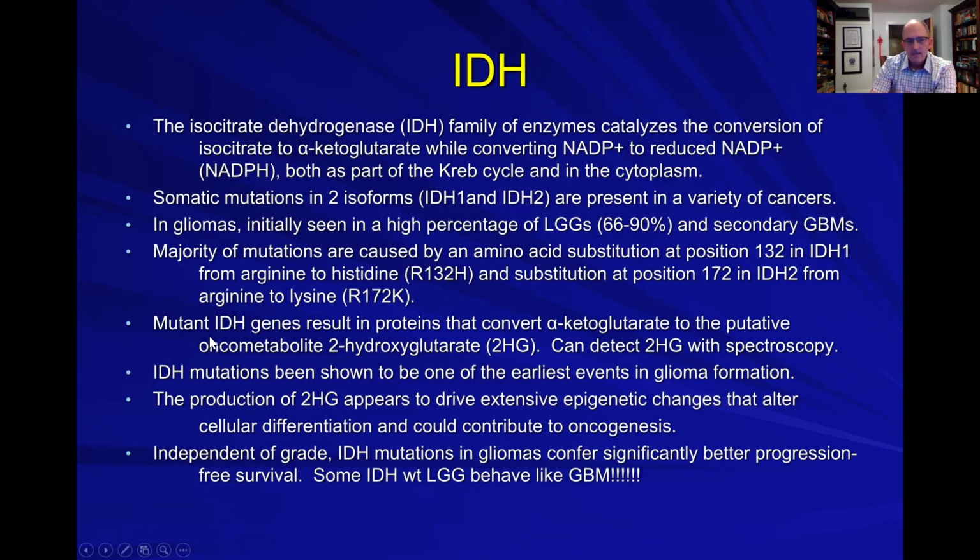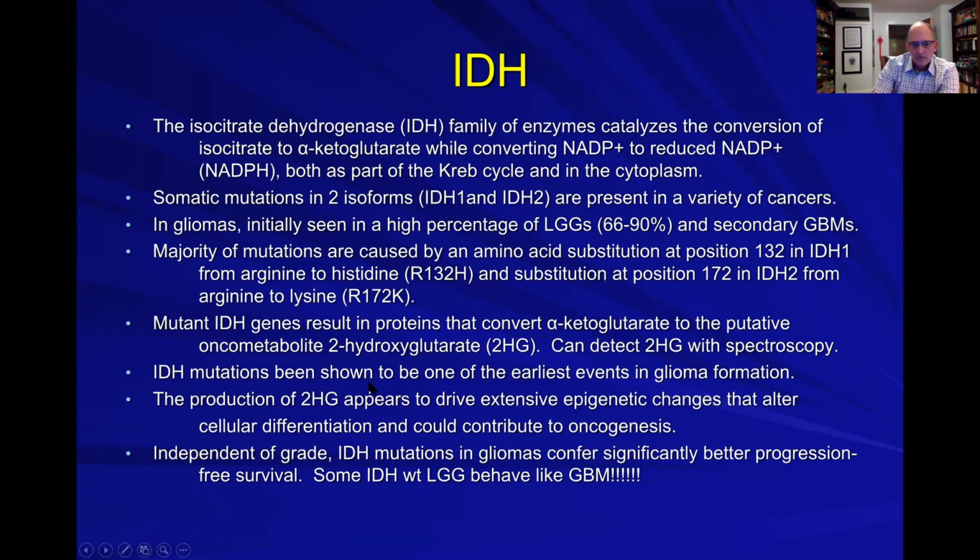So these mutated IDH genes, they result in proteins that convert alpha-ketoglutarate to the putative oncometabolite 2-hydroxyglutarate. And it's interesting because you can actually detect that on spectroscopy. So there's potential there. Of course, there's already a literature on it, but there is potential there to use imaging to start to define gliomas by their molecular biology.